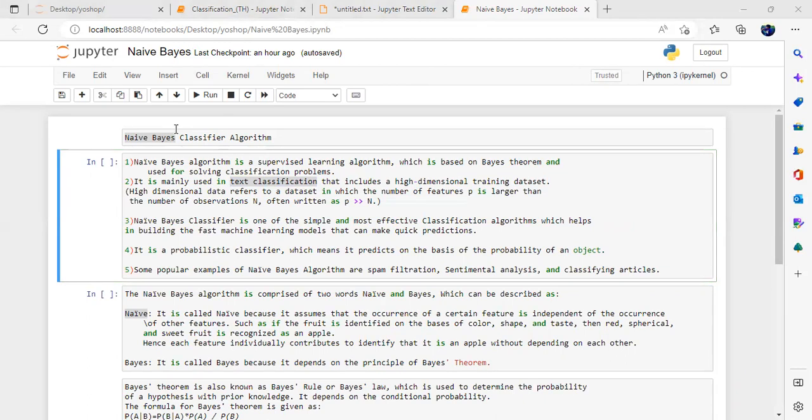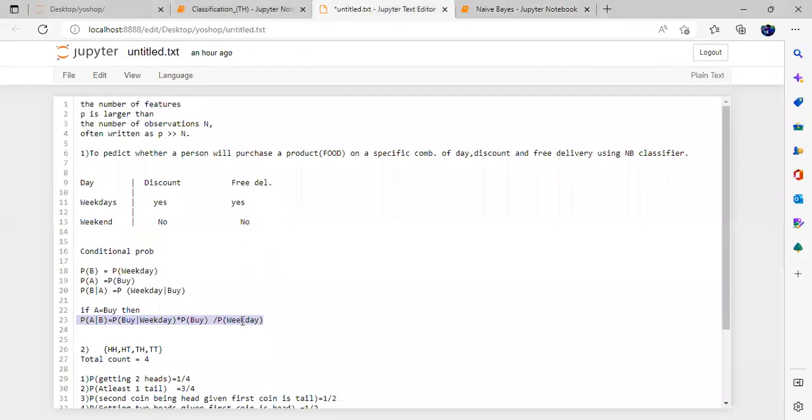It handles both continuous and discrete data, and it is highly scalable with the number of predictors and data points. So that is all about naive Bayes. If you have any doubt about this, you can ask.